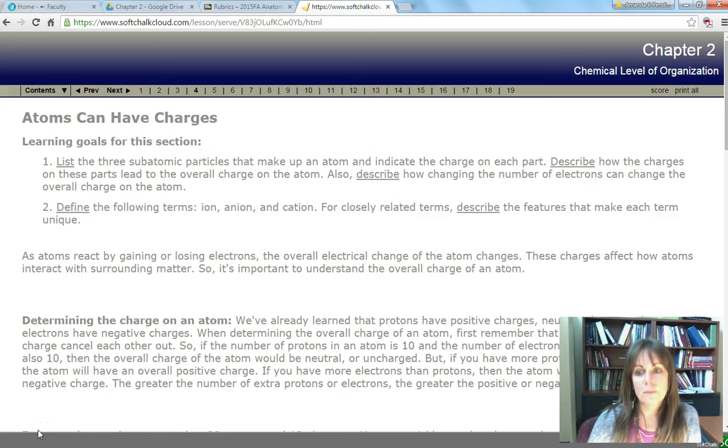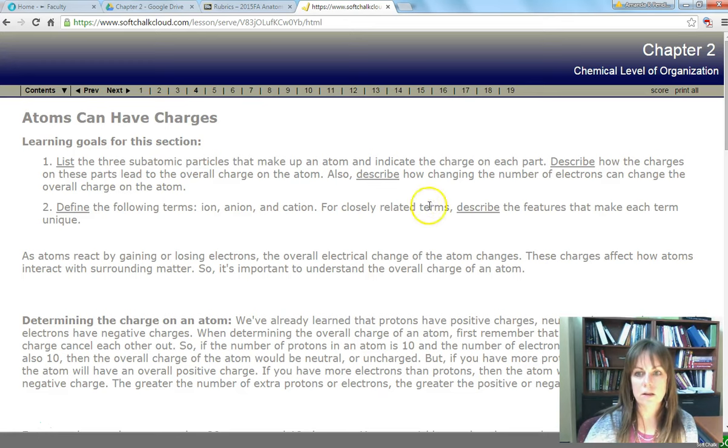Okay, so for this part of the lesson, we're going to talk about not only the concept of reactions gaining and losing electrons, but combining that with this idea that if you add up all of the charges on the parts of the atoms, it gives you an overall charge to the atom.